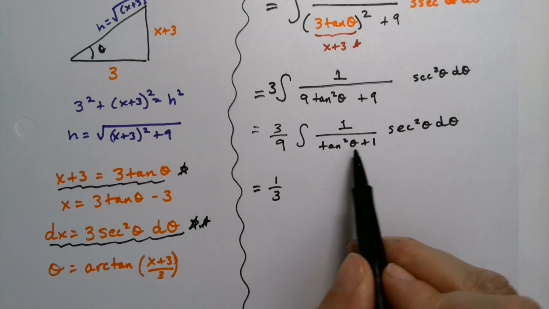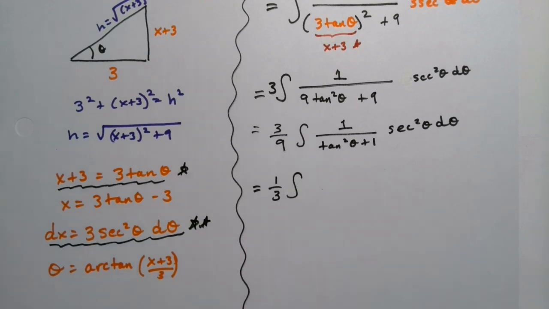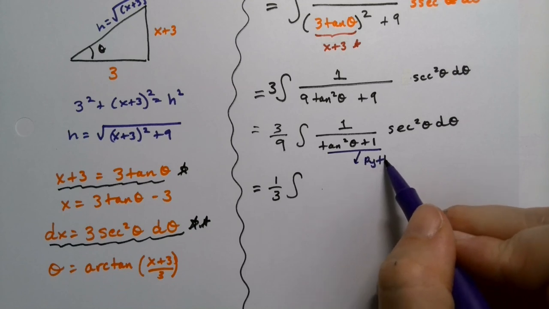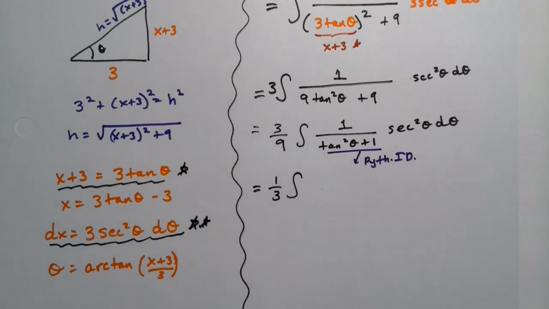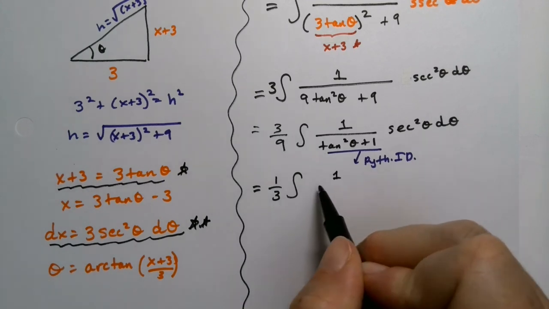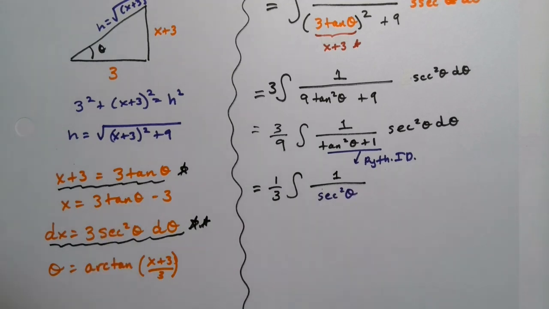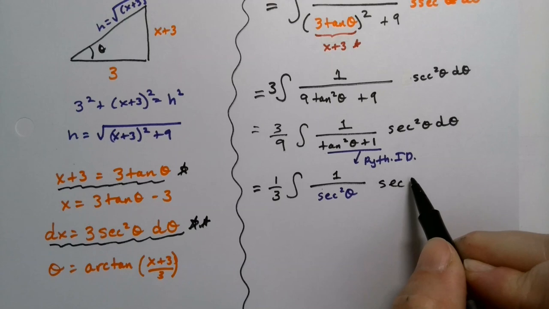And when I see this, I instantly think, oh, Pythagorean identity. I know what that is. Tangent squared plus 1 is secant squared. That's the Pythagorean identity. So this is 1 divided by secant squared times secant squared.